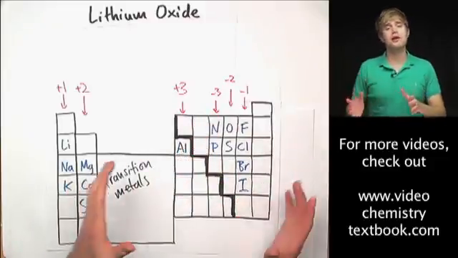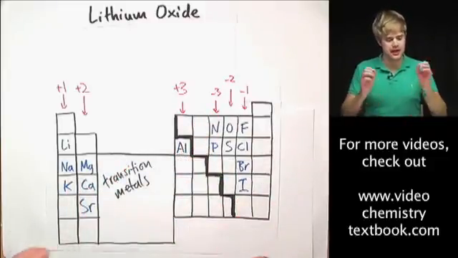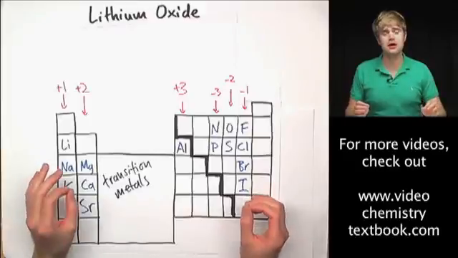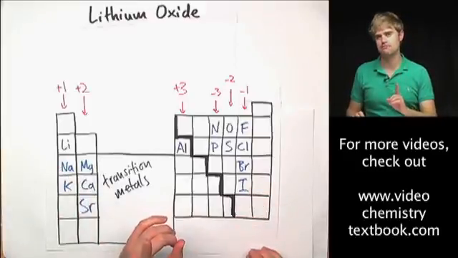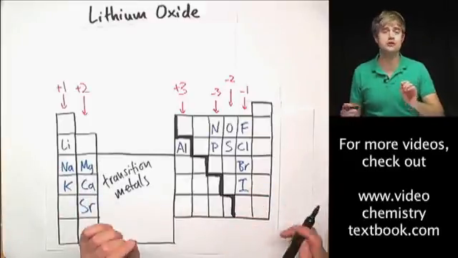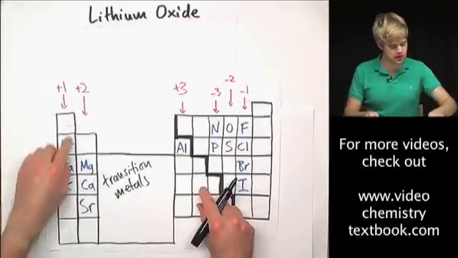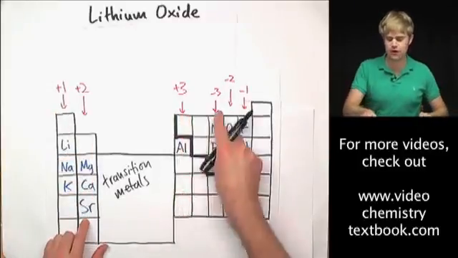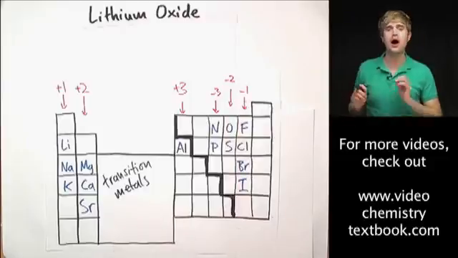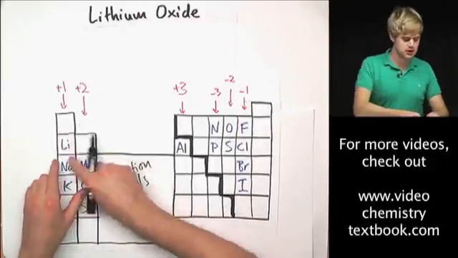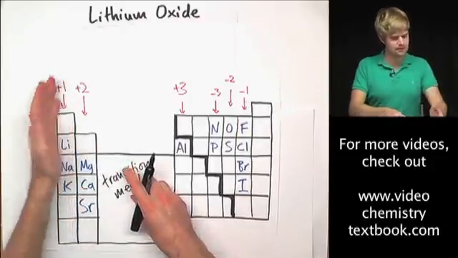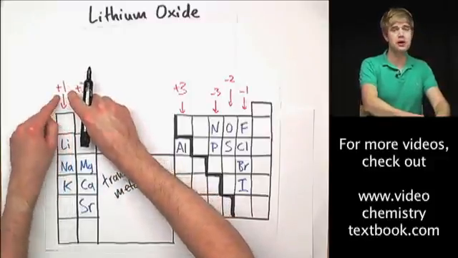So when we have metals and nonmetals making an ionic compound, that means that the atoms in that compound have a charge. So I want to find out what the charge of those atoms is, and I can do that by looking at what column they live in on the periodic table. Here's what I mean. Lithium lives in this column. Everything in this column has a +1 charge.